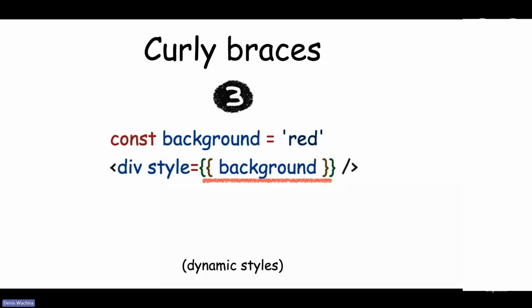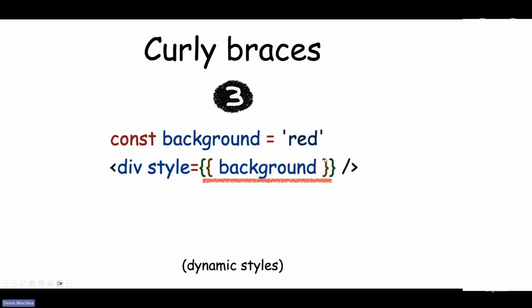Same case with styling. You can pass dynamic styles in your HTML divs or elements. So we can have a background of red. The style will be the first curly braces, which indicates it's JSX. Then the second curly braces is the object that we use to style our application, like in style.css.